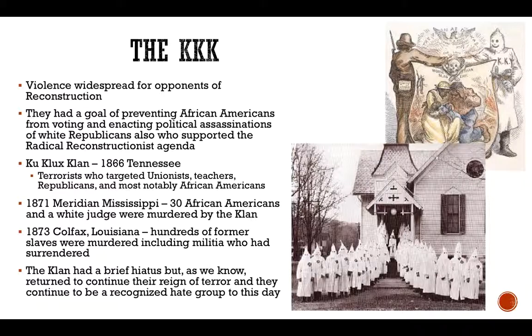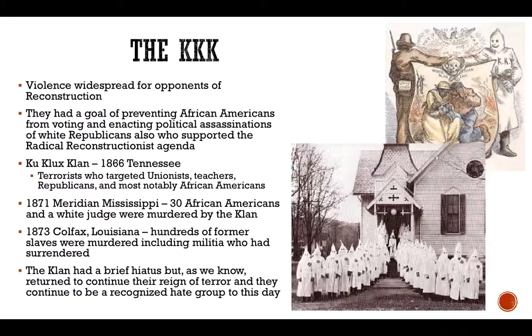In 1871, in Meridian, Mississippi, you had 30 African Americans and a white judge who were murdered by the Klan. This is one of the more famous mass murders that they had committed as a group during this time, during Reconstruction.